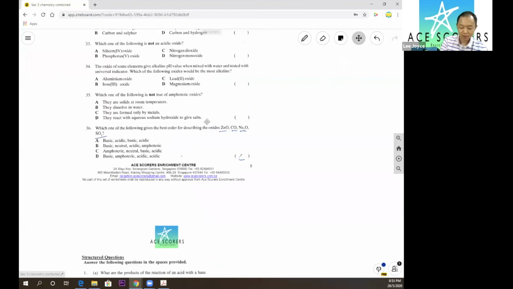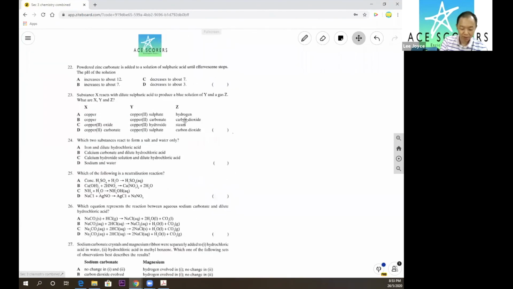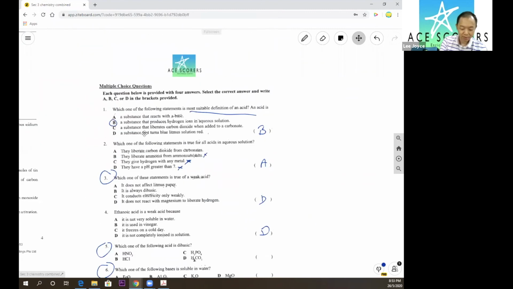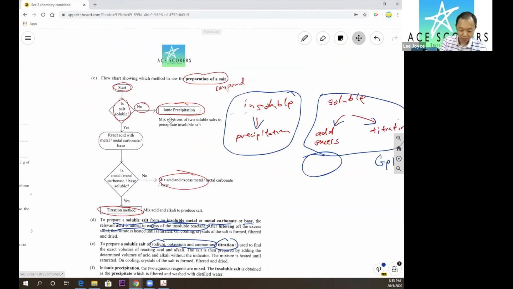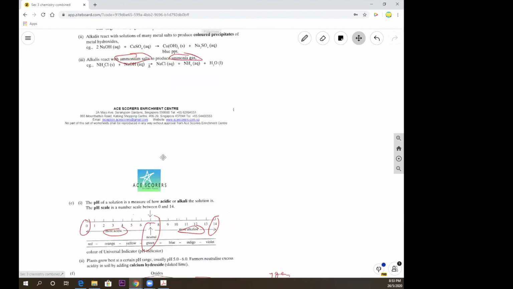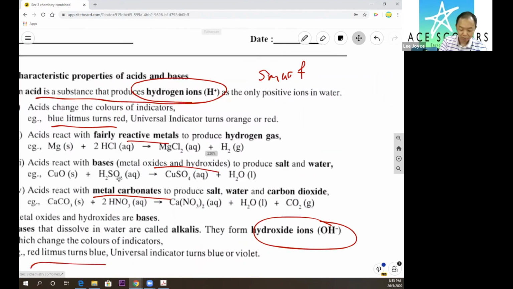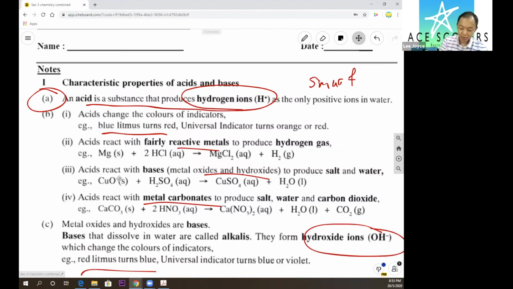Hydrogen is there's a chemical term. Oh, liberated. Produced.